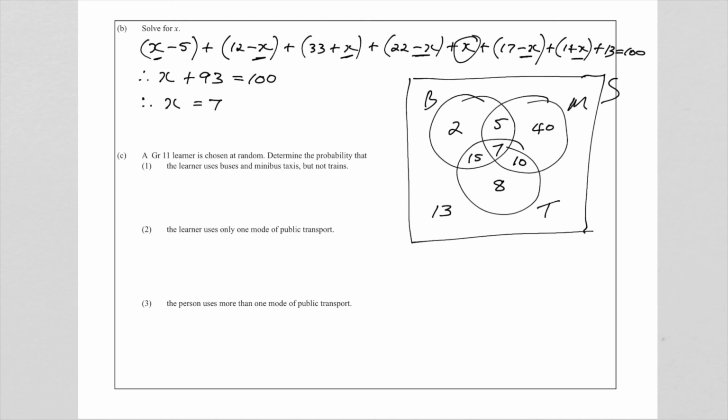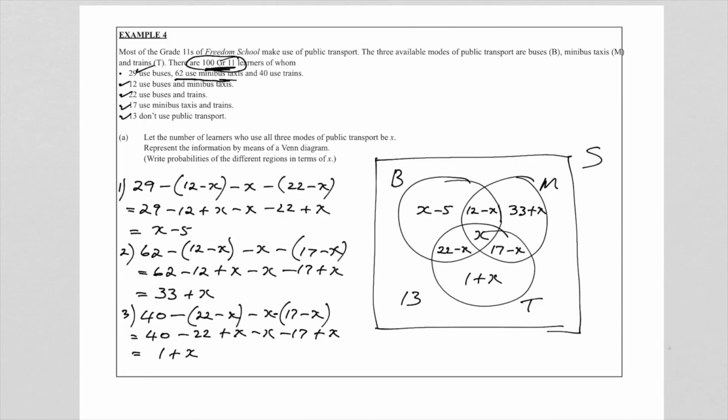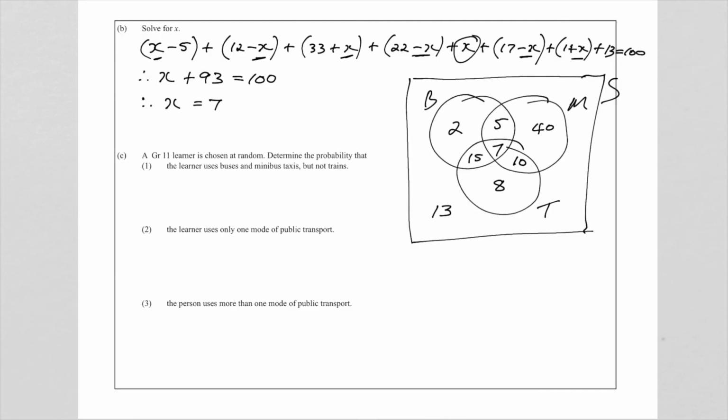So this is now where, after we substituted in the previous diagram, so in this diagram, I substituted every x with 7, and I've got now my how many in every one of those parts. So we are now ready to answer these last few questions.